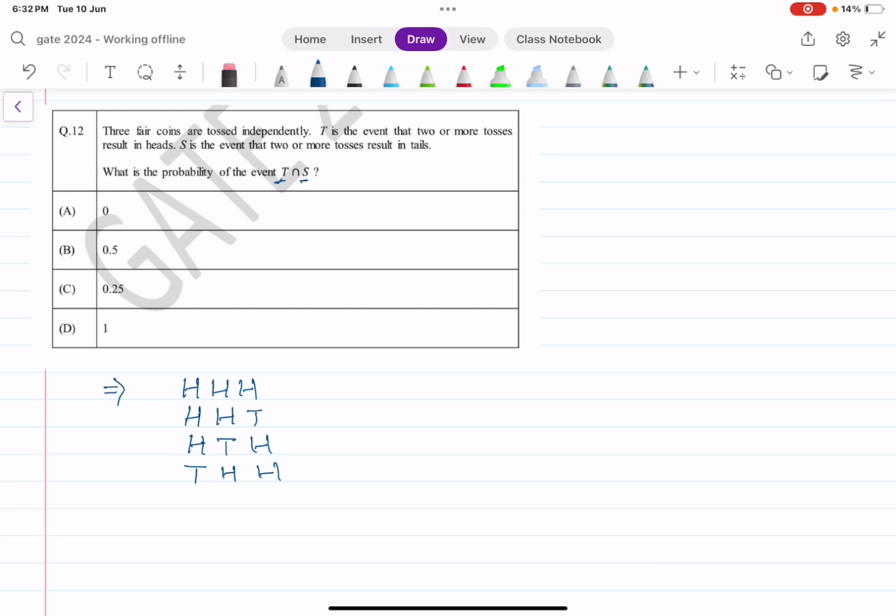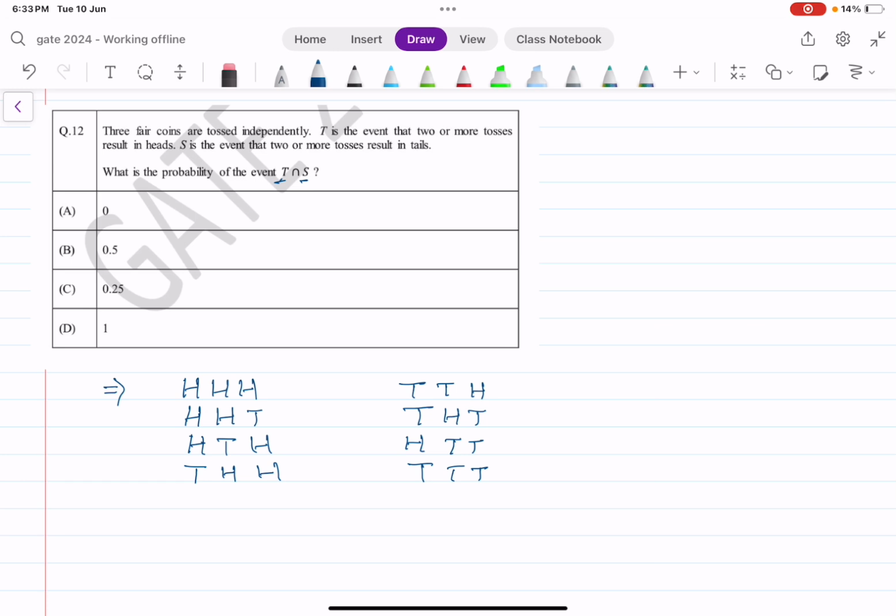And others can be two tails, like this or like this, and again we can have three tails. So this is our sample space of 8 outcomes.